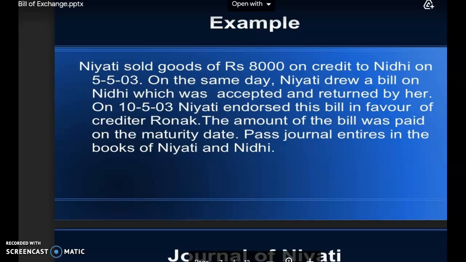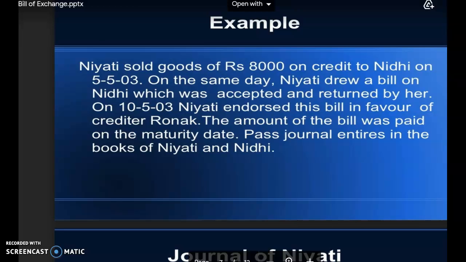So here Neti endorsed this bill in favor of creditor Ronak. So Ronak will be known as the endorsee and Neti will be known as the endorser, because Neti has transferred the property of the bill in favor of her creditor Ronak. The amount of the bill was paid on the maturity date. The bill was paid on the due date.